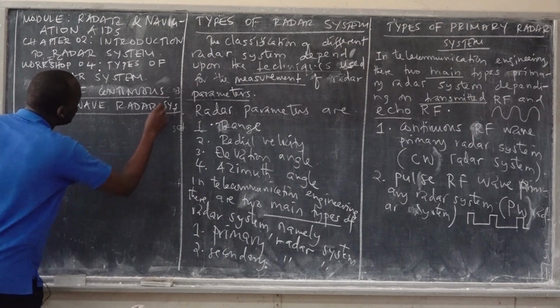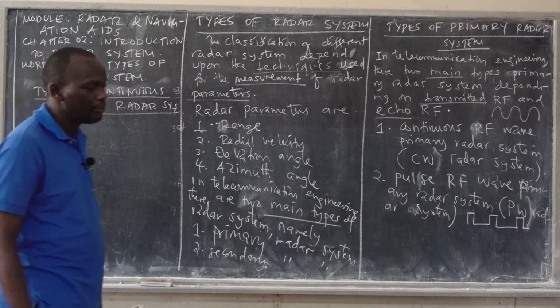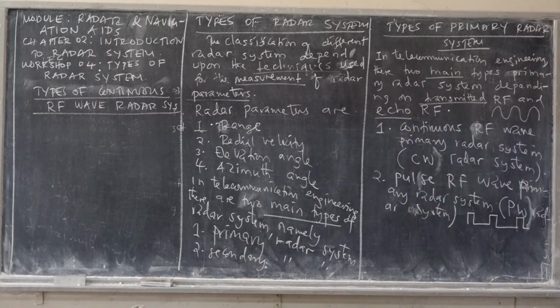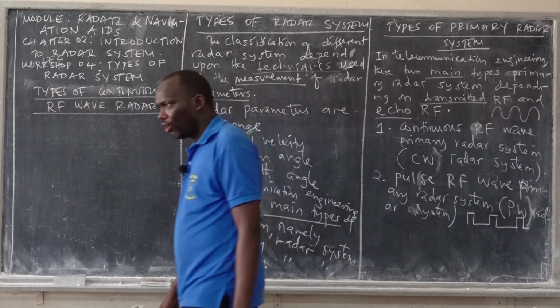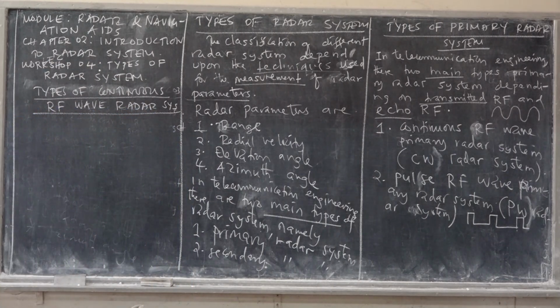Again, we classify them depending on another factor. The factor that we can classify these types of continuous radio frequency wave is whether the transmitted radio frequency wave or the echo radio frequency wave is modulated or unmodulated.